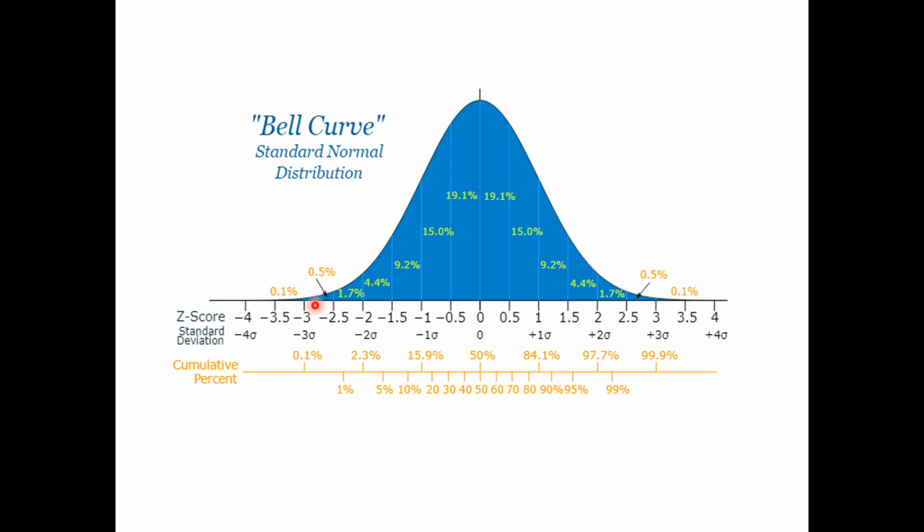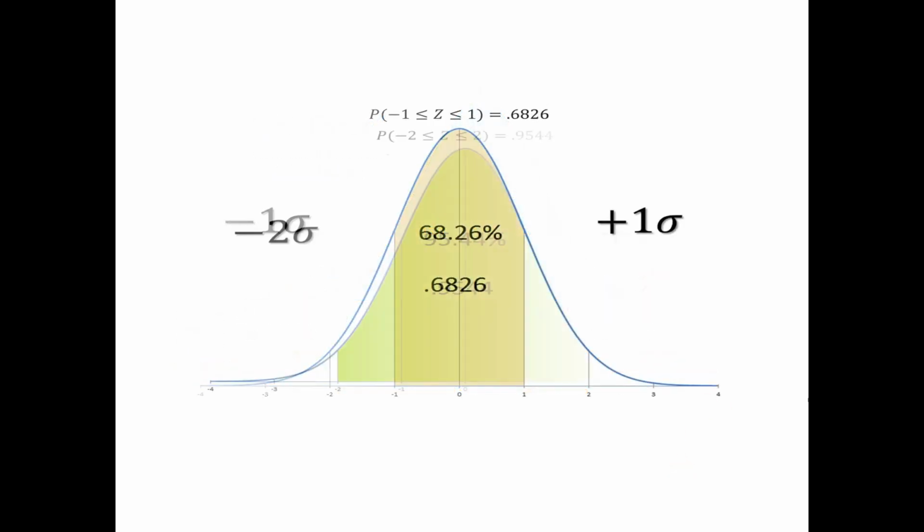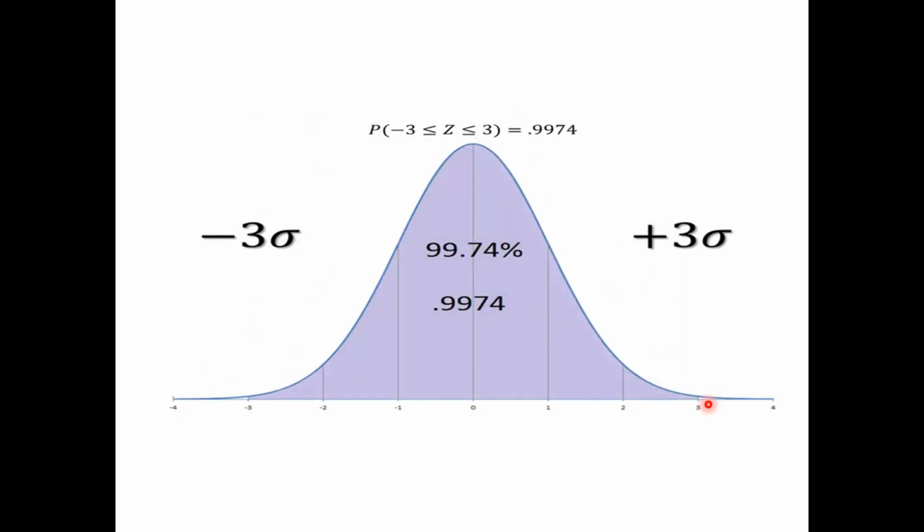In reality, we actually talk in terms of minus 3 standard deviations away to plus 3 standard deviations away, which is 99.7%. We know that the area under the probability curve is always going to be 1.